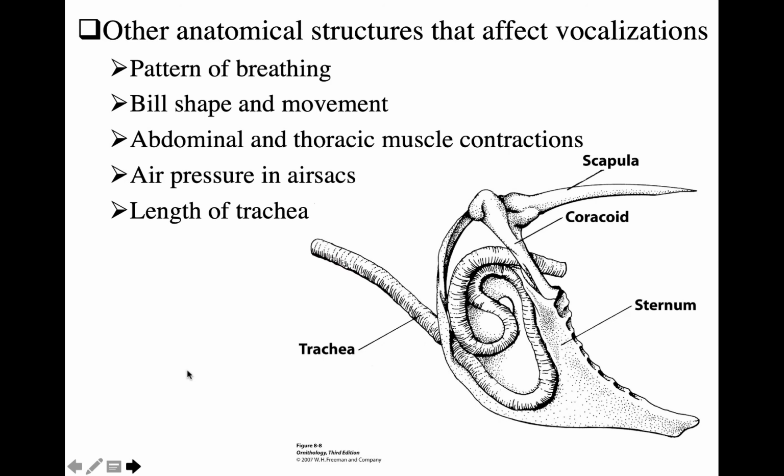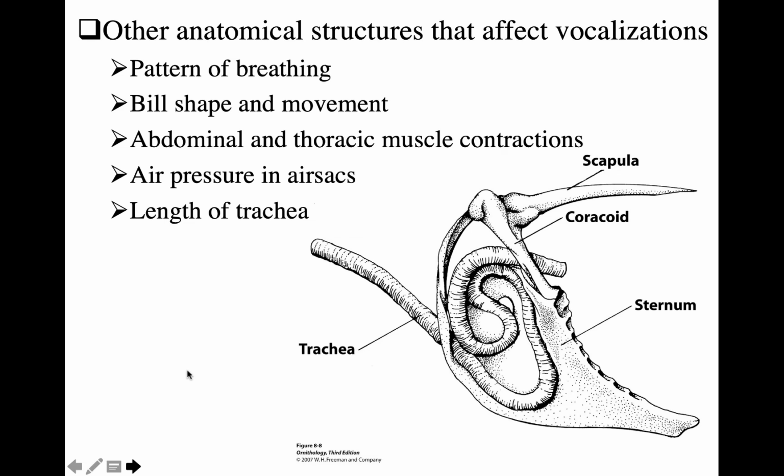So the syrinx and its morphology really affects the vocalizations primarily, but there are some other behaviors and anatomical structures that can influence the vocalizations produced by the syrinx, including the pattern of breathing. Birds can make different vocalizations breathing in and out, and by varying the rate at which they breathe in and out in bursts, they can change their vocalization.